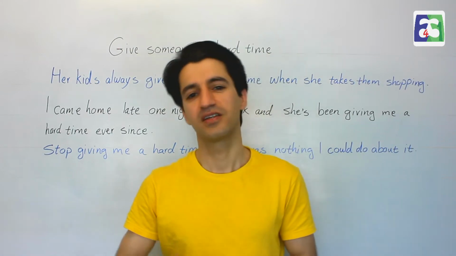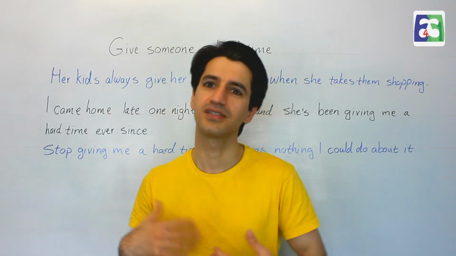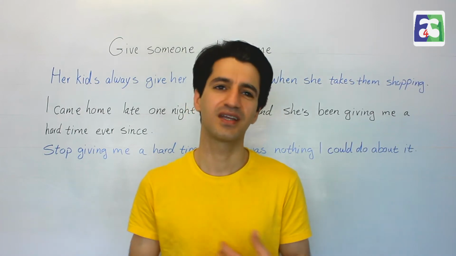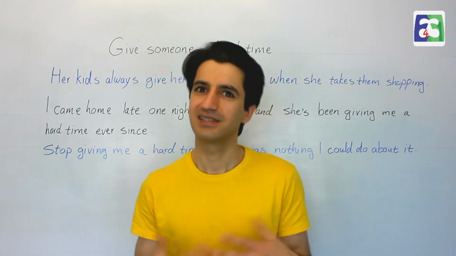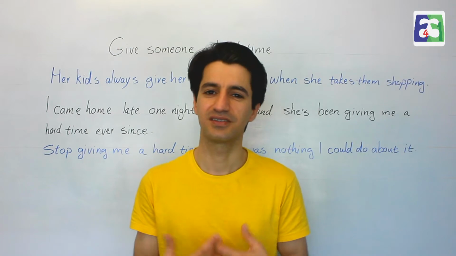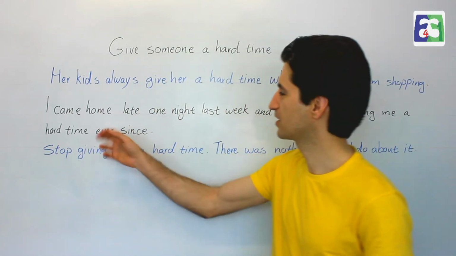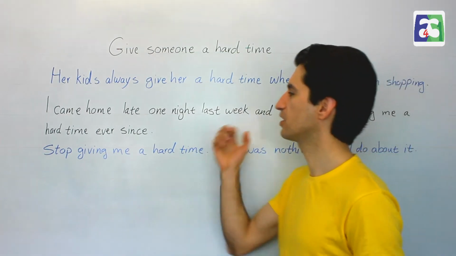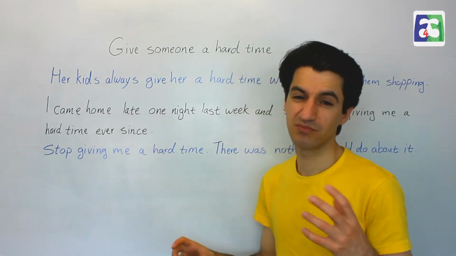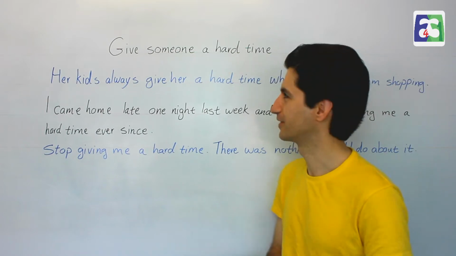This is nothing. The other night also you came late, and she starts over and over again and makes life difficult for you. So she's giving you a hard time in that case, okay? She has been giving me a hard time and she's making life difficult now.